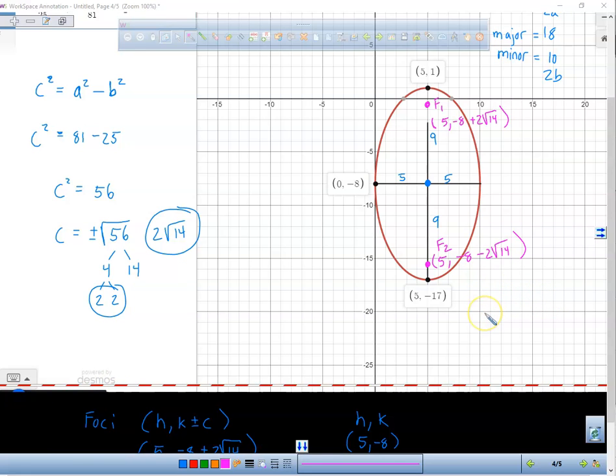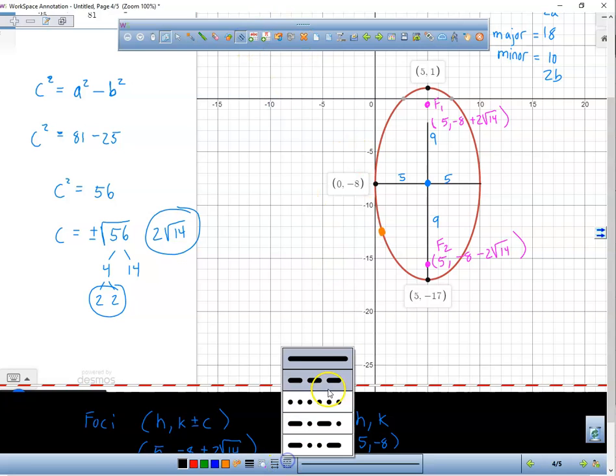Here's what makes an ellipse special. If I take any point on the ellipse, I'm just taking a random point right there. I want you guys to understand that from that point, you don't have to draw this on your paper, okay?